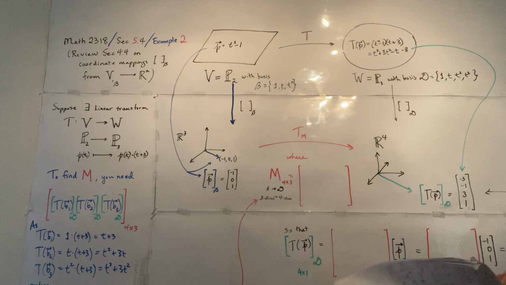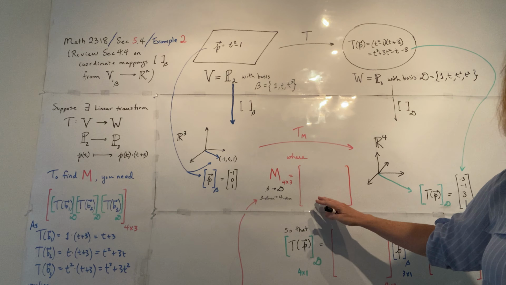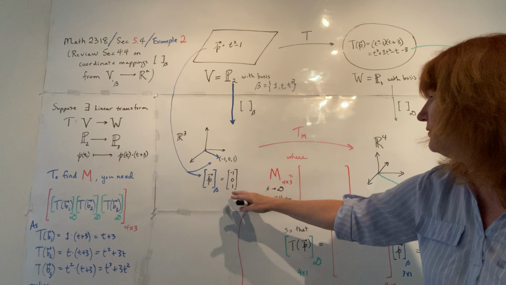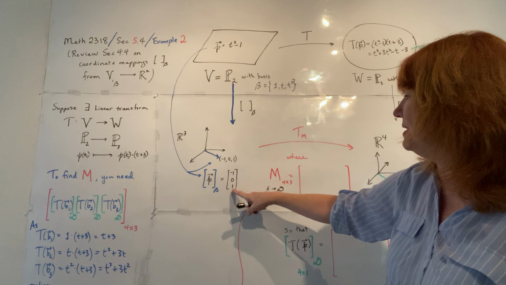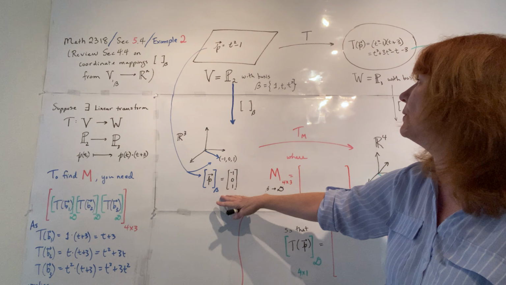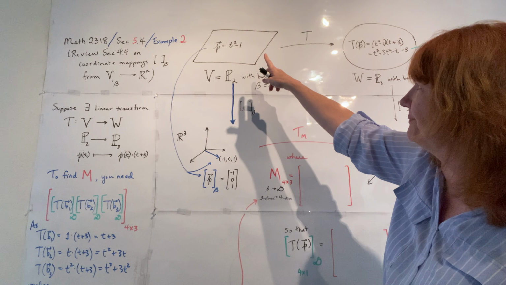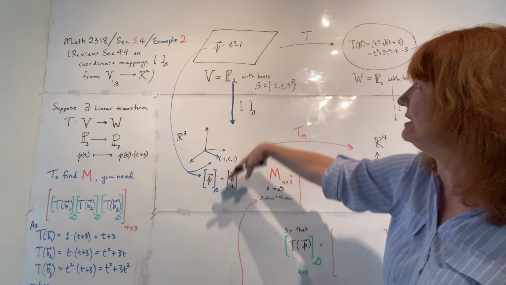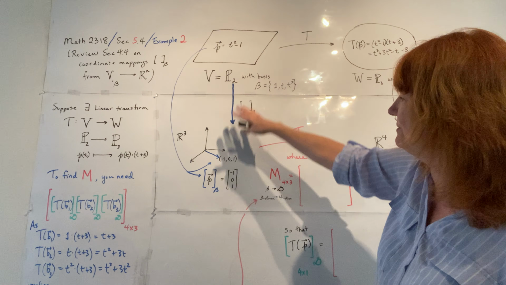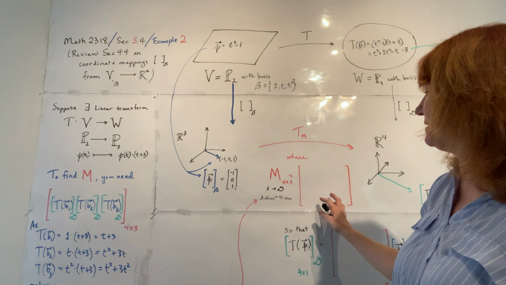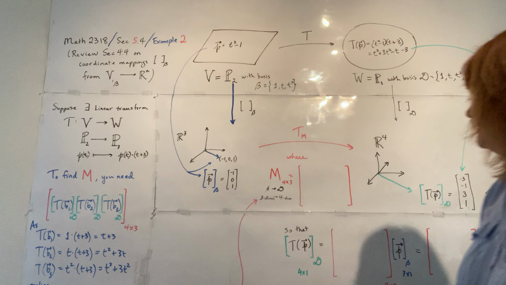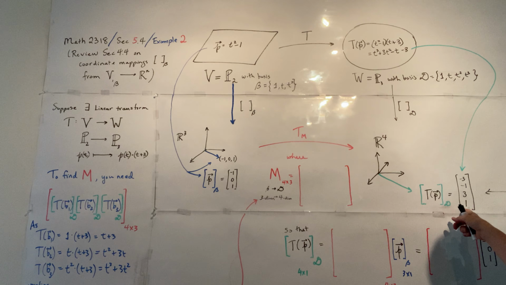Okay, so the question is, what matrix could have done this for us? What could have taken minus 1, 0, 1, which are the coordinates in R3 for the polynomial t squared minus 1? What matrix multiplication on the left of that would have given us this?